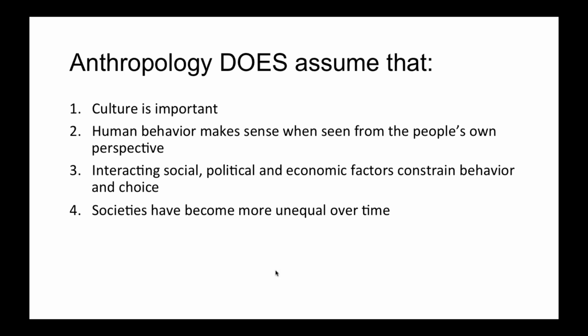But culture is also a mechanism that allows people to make sense of the world. In other words, humans and the human brain require us to create meaning. We are meaning-making machines. And in that regard, anthropology assumes that what people do makes sense in terms of their view of the world, how they think of meaning.